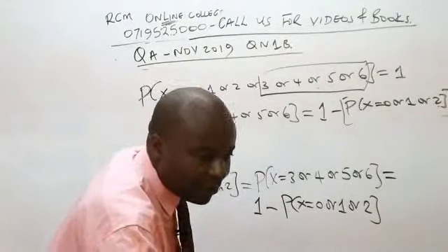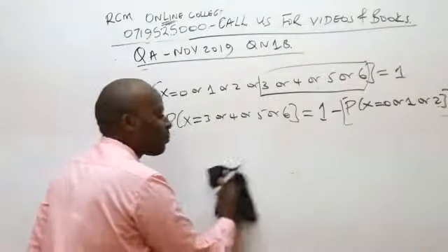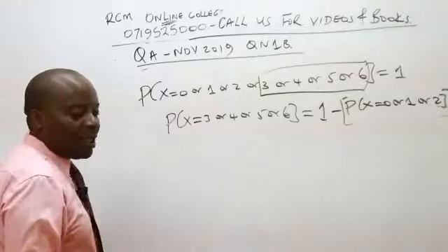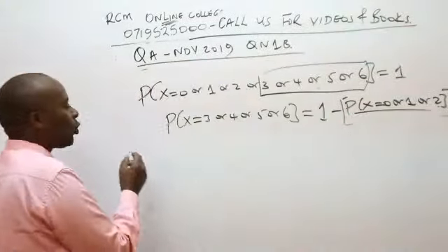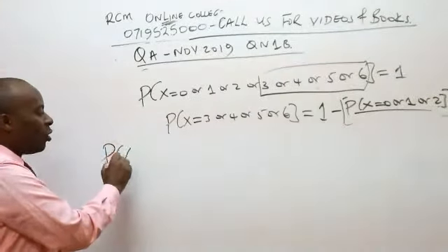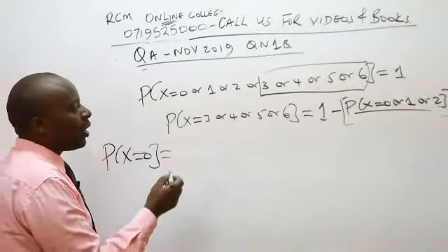Now, ladies and gentlemen, the moment you give me that particular model, it will be very easy for me to get these probabilities that we have here. So we'll start with the probability of X being equal to 0. Remember, already we have our model.